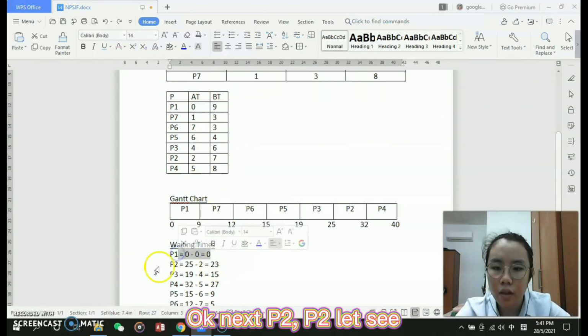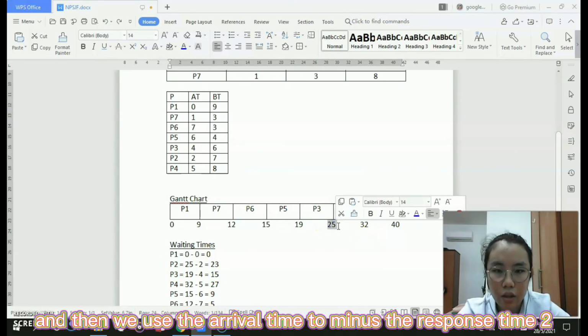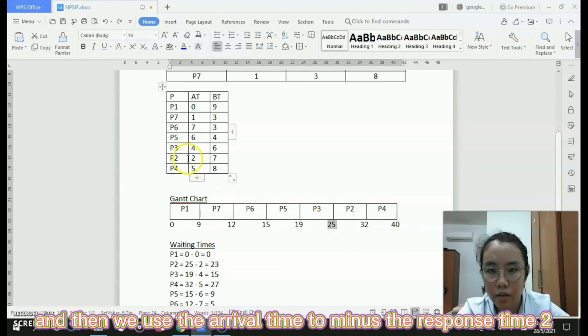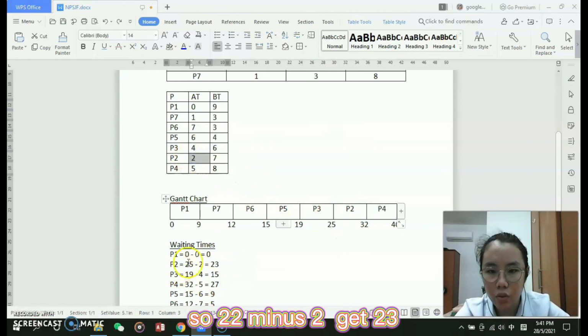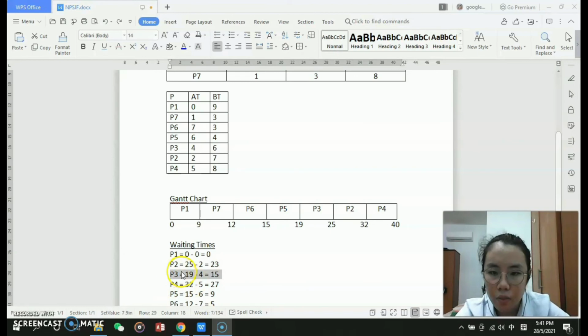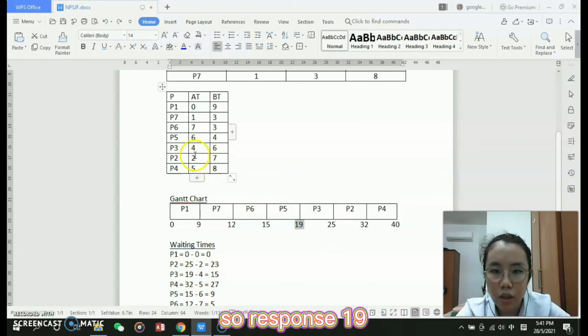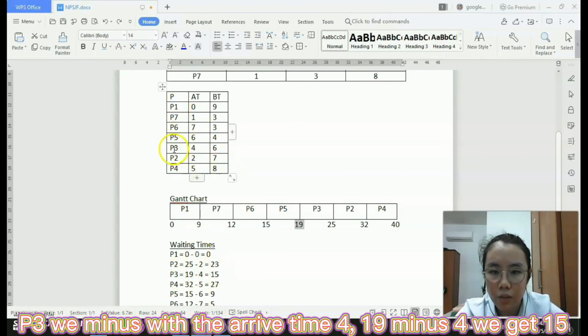P2 response time is 25, minus the arrival time 2, get 23. P3 response time is 19, minus the arrival time 4, so 19 minus 4 gets 15.